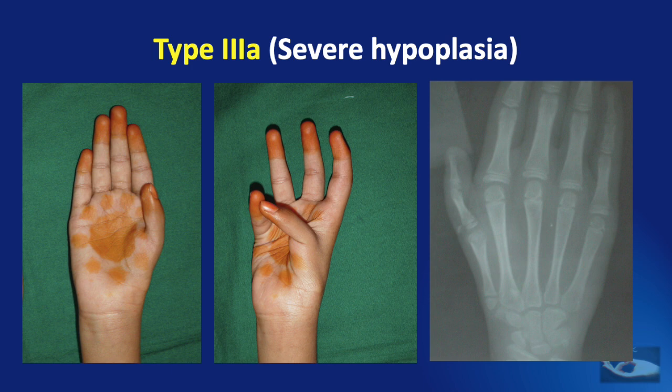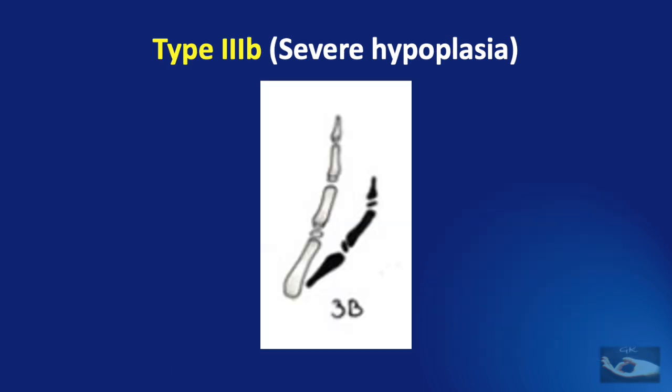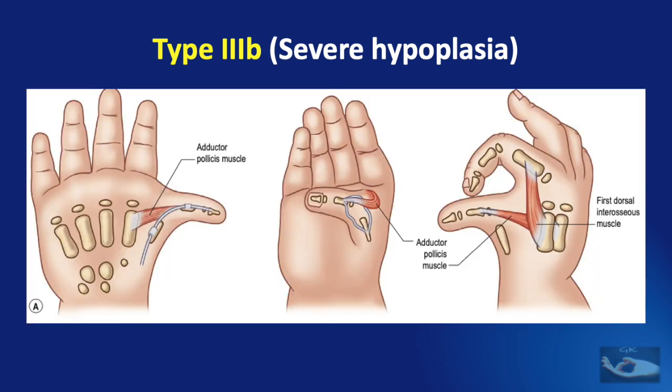The median nerve innervated thumb intrinsic muscles are severely hypoplastic or absent, and the ulnar innervated muscles may be present but weak. In type 3B thumb hypoplasia, the median innervated thenar intrinsic muscles are absent entirely, and there is severe hypoplasia of the adductor pollicis, flexor pollicis brevis lateral head, and the ulnar origin of the first dorsal interosseous.